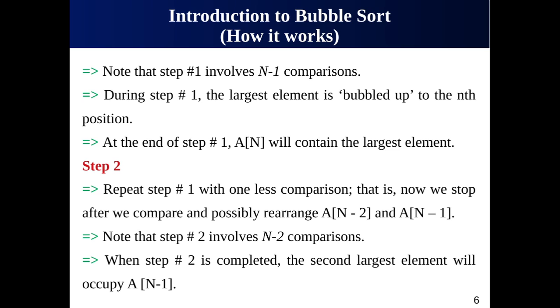So at the end of step number 1, the largest element bubbled out, and at the end of step number 2 the second largest element bubbles out. During step 1 we performed n minus 1 comparisons, but here we do one less, n minus 2 comparisons.